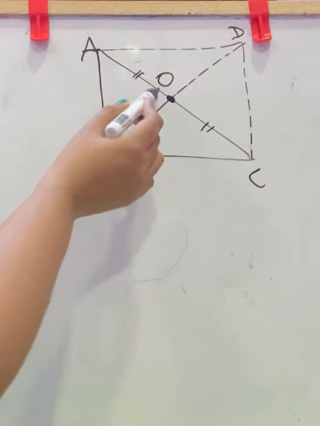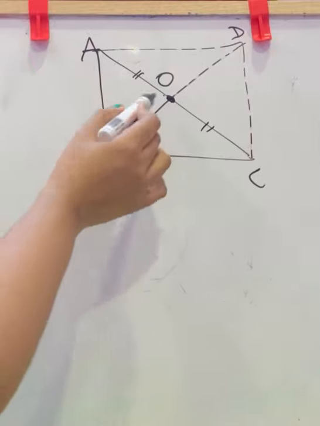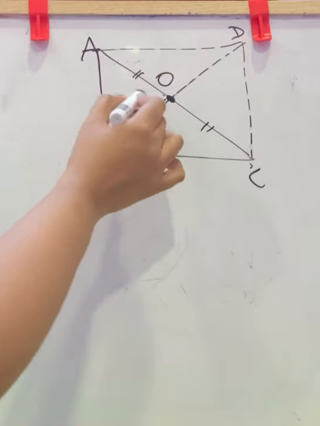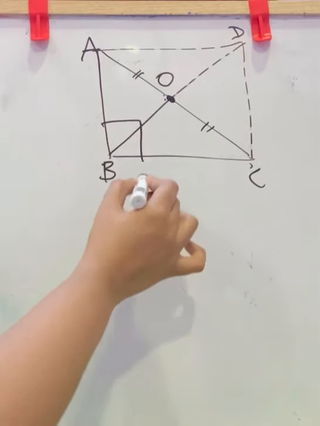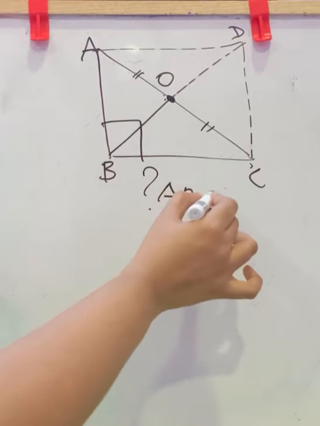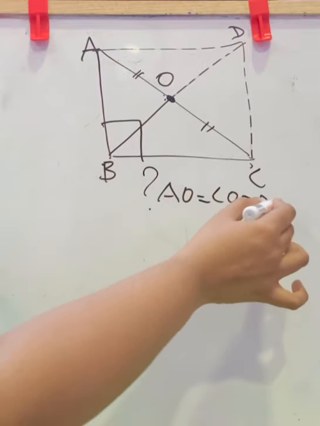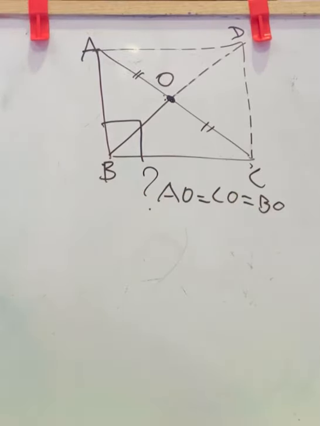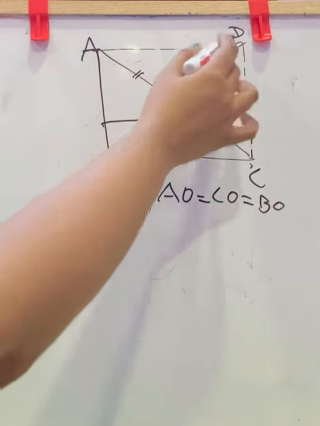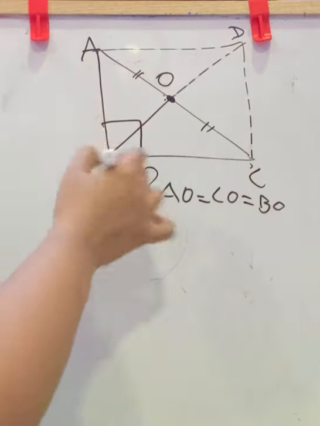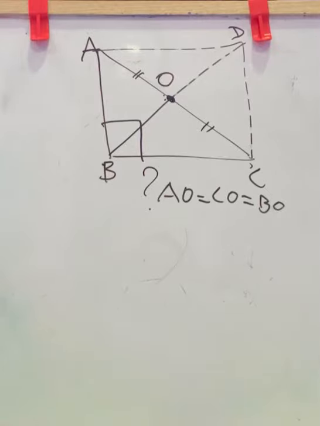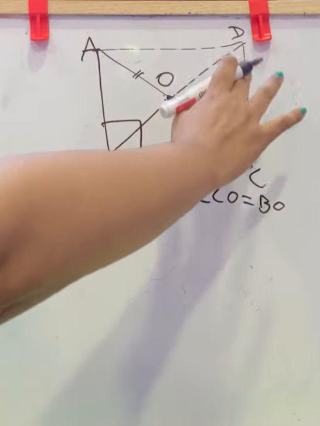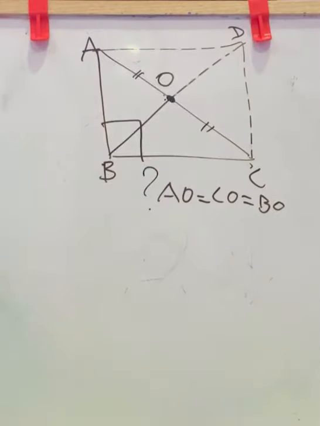We have to prove why AO equals BO equals CO, or why all these lengths are equal. The dotted lines are drawn additionally to help you. They have given a hint to prove this. We extend and draw a figure like this.